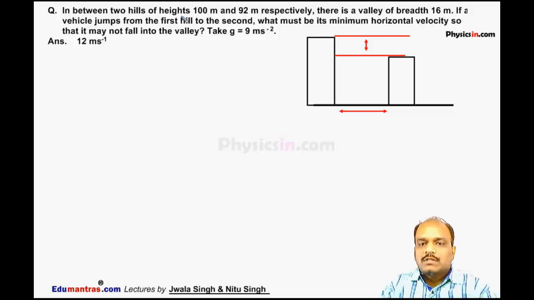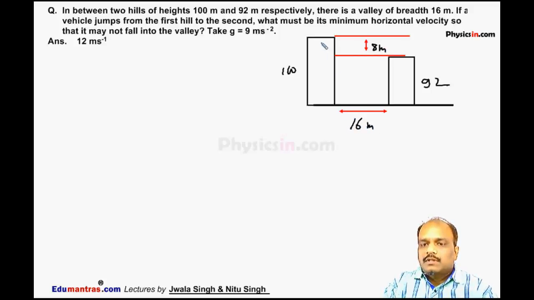In between two hills of height 100 meter, this height is 100 meter, this height is 92 meter, so the difference in height is 8 meter. The width is 16 meter. These are the two hills, this is hill 2.